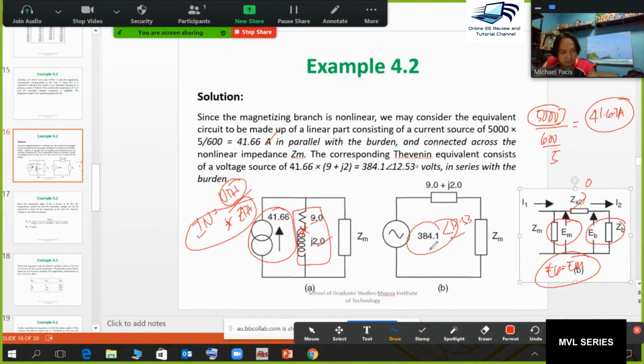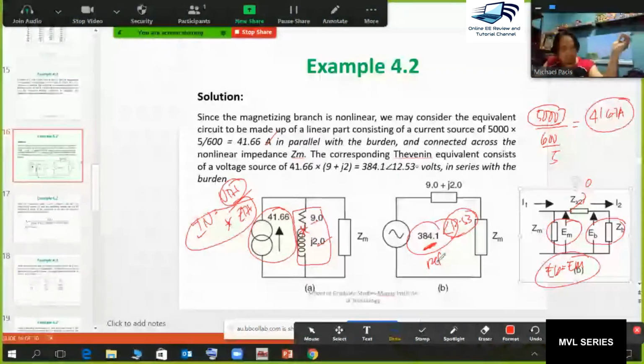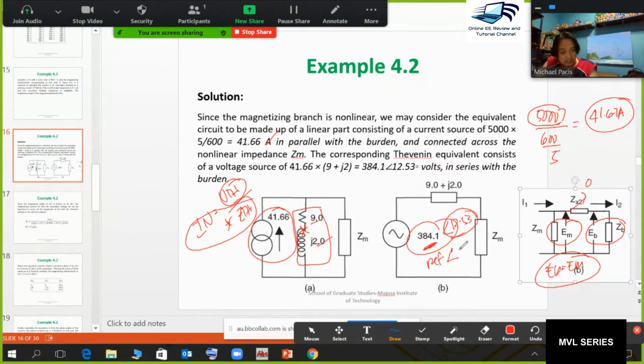But we will make use of this value as reference, and then we will go back to that value later. We will make use of this as reference because it is nonlinear. We will use that on the next few slides to get the value of IM later.